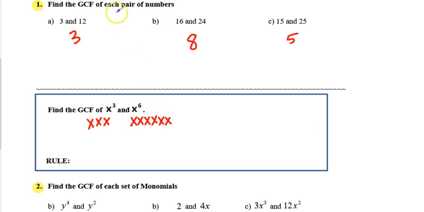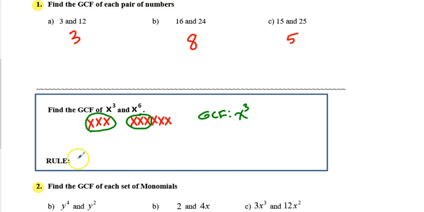Okay, so I want to know what's the greatest amount of x's that is common to both terms. Okay, so I got 3 x factors here, and there's also 3 x factors here. So what's the rule? So the GCF, I guess, is x to the third.